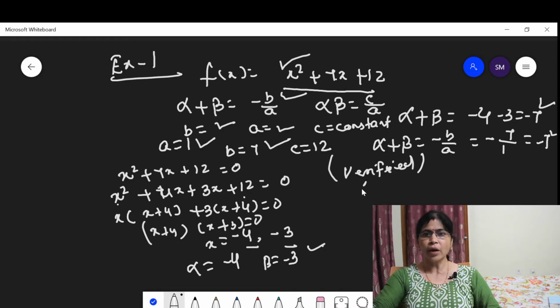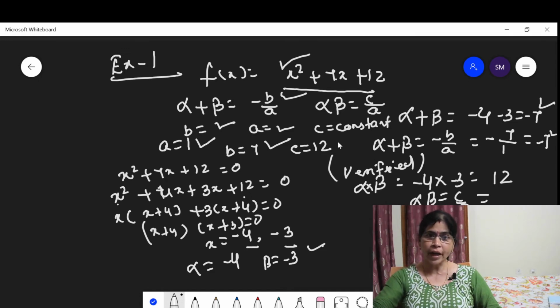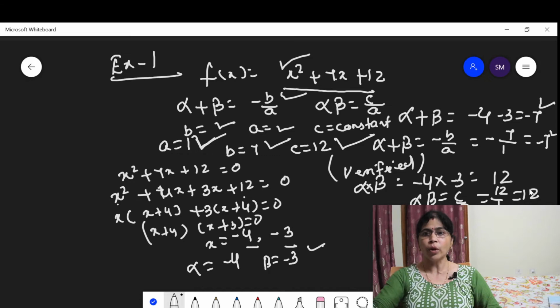Now find the alpha into beta. Alpha into beta is minus 4 into minus 3, which is equal to plus 12. Then according to the formula, alpha into beta is equal to c upon a. Here c is equal to 12 and a is equal to 1, which is 12 upon 1, equal to 12.